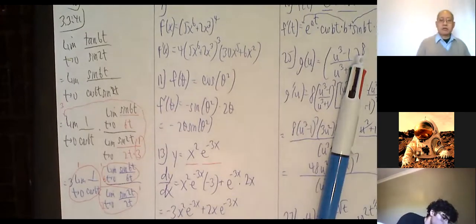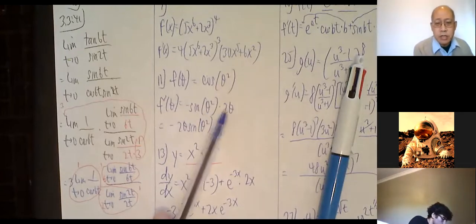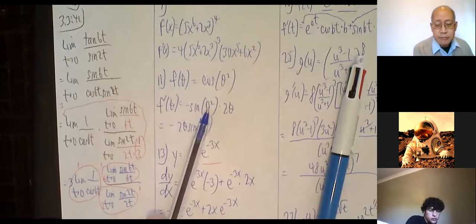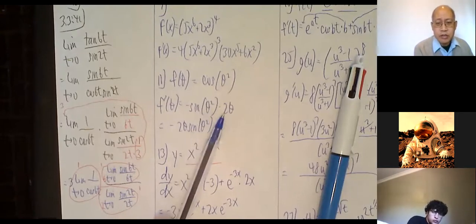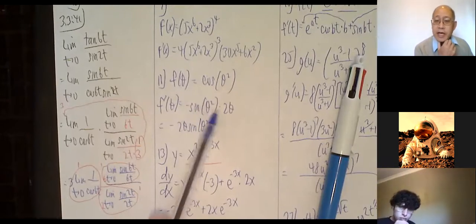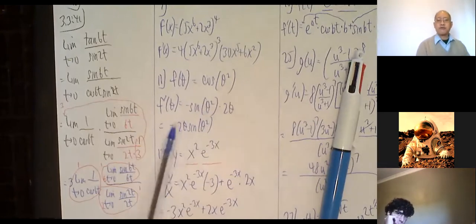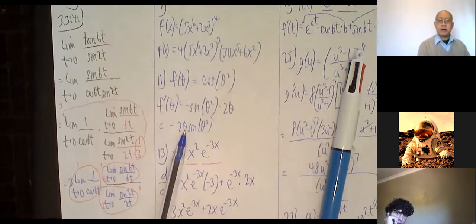And I'll say something else. You normally don't want to leave an answer like that because this could be ambiguous. When you write it like this, somebody might interpret that as saying, should I do theta squared times 2 theta first? In other words, find negative sine of 2 theta cubed? That could be interpreted that way. But if you put it in front, then nobody's going to think of it that way.